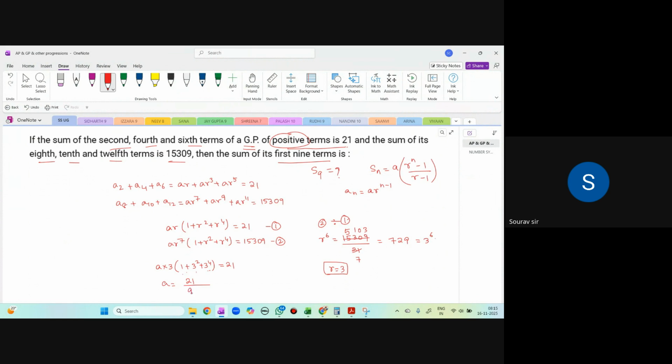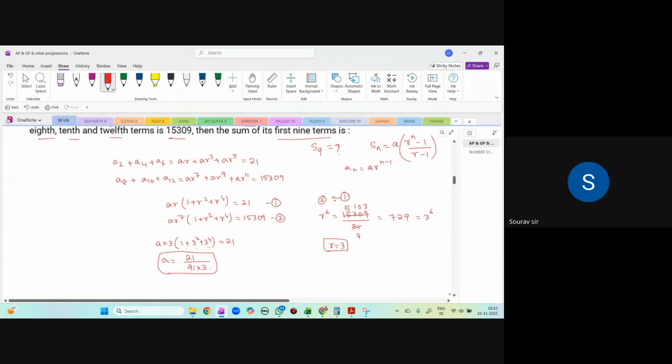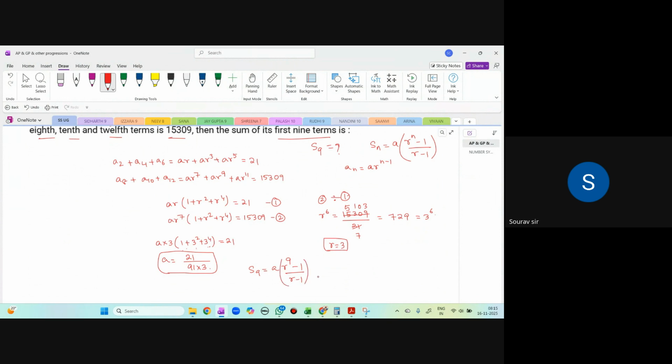So that's your A. So now you need S9. So S9 would be A into R to the power 9 minus 1 by R minus 1, which is 21 by 91 into 3 into 3 to the power 9 minus 1 by 3 minus 1.